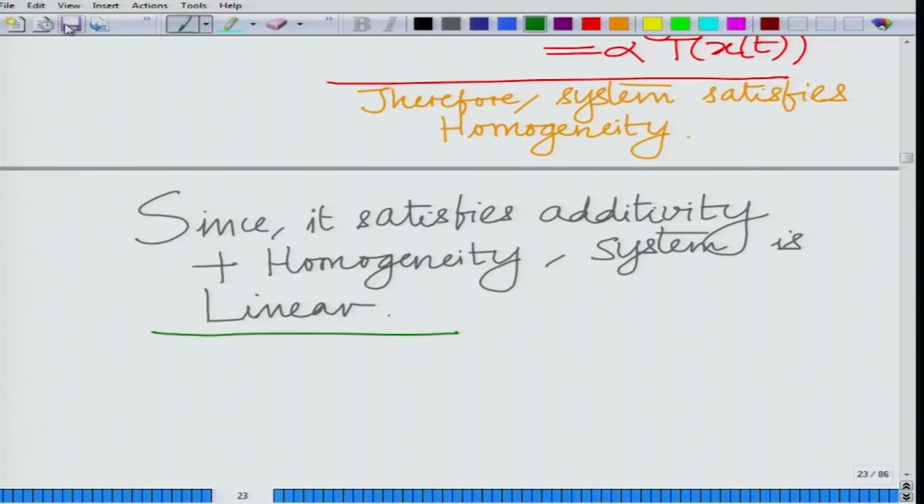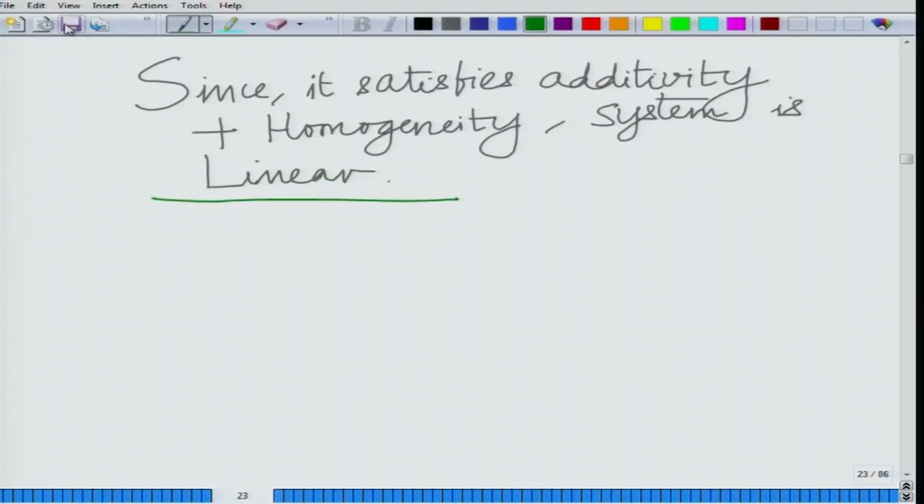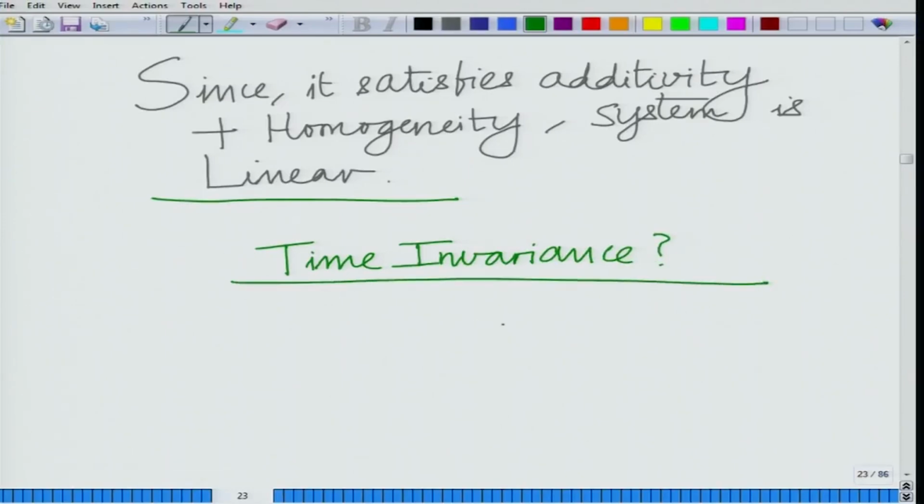It is a linear system. Now, how about time invariance? Is it time invariant? How about the time invariance property?